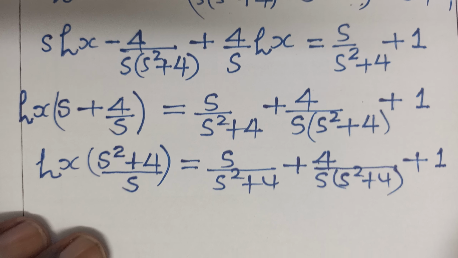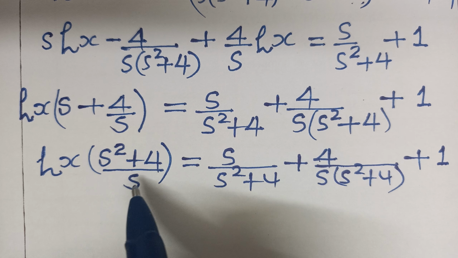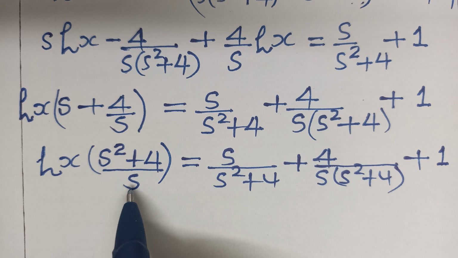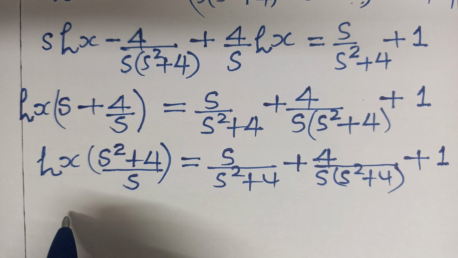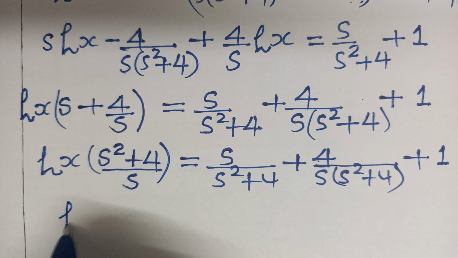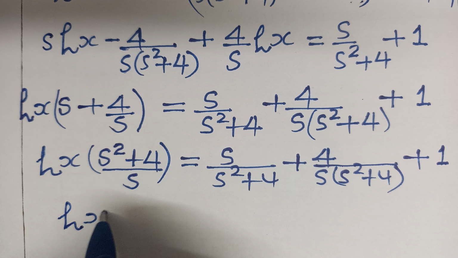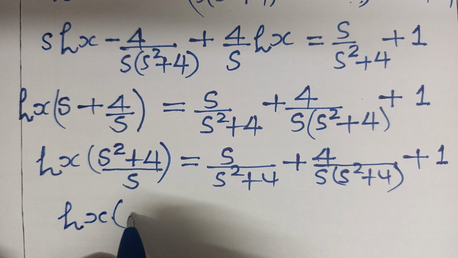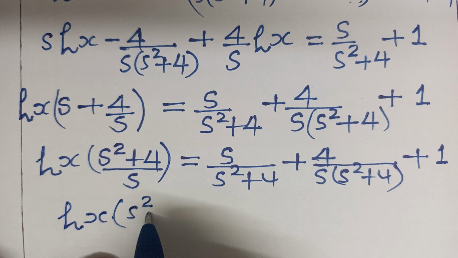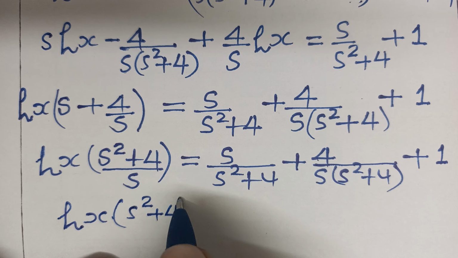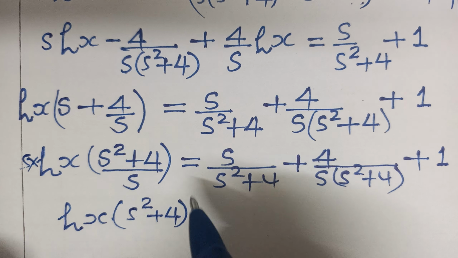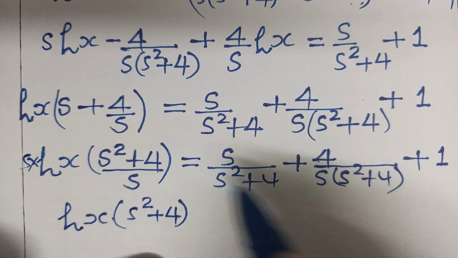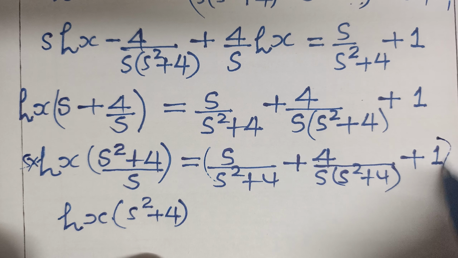The next thing we are going to do is multiply by s to remove this denominator. We multiply by s throughout. When we do that, we shall have Laplace transform of x times s squared plus 4. We have multiplied by s here, and also here we multiply by s throughout.